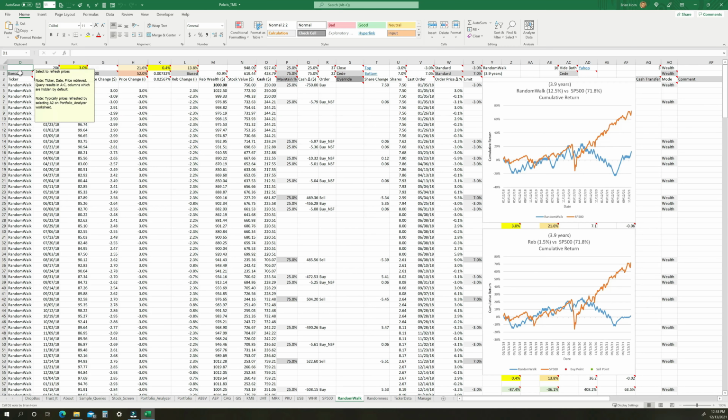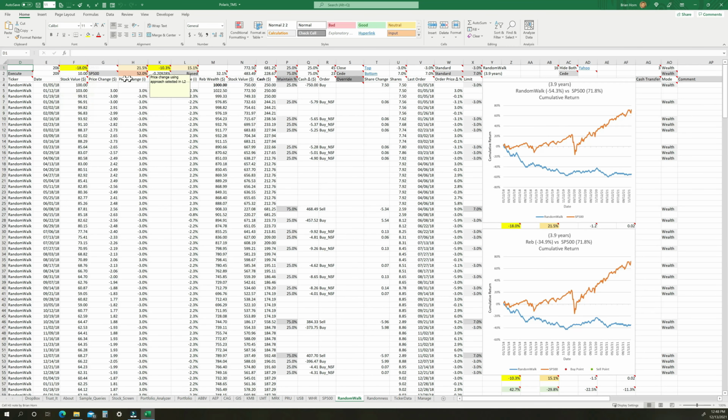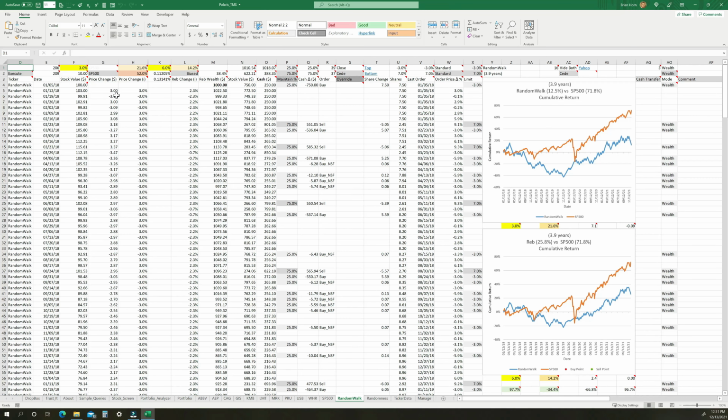So this gives you an idea of what kind of returns tend to generate better rebalance returns. For example, this random walk sequence generated a rebalance return of 6%, whereas just holding the stock generated a 3% return.